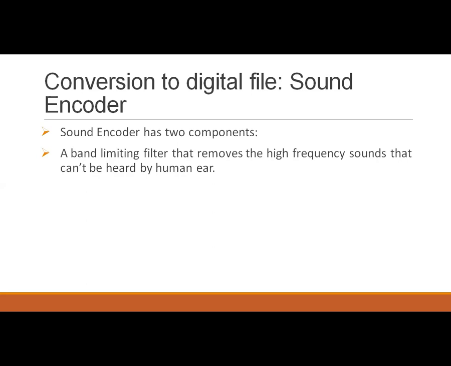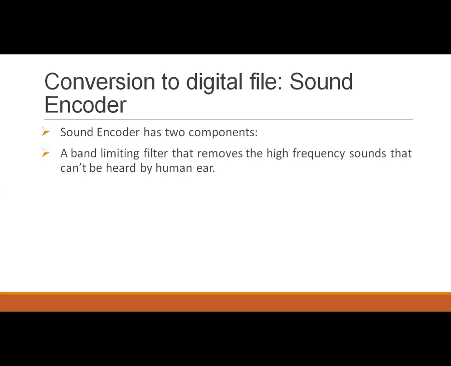Any object which is generating sound wave may generate less than that, and beyond that, means a sound generating object may generate the sound waves more than 20,000 hertz, the ultrasonics. But there would be no point in coding that.